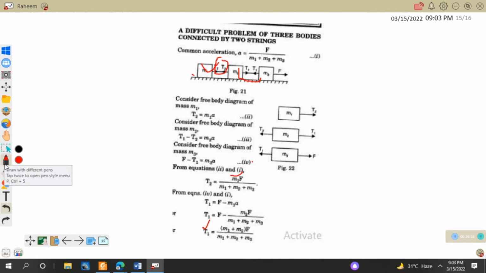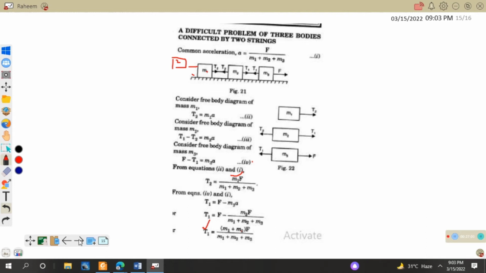If we have another mass, we can write the equation for it. If we connect another block here, which I show as m prime, then we have to take into account m1 plus m2 plus m3 and this mass as well.